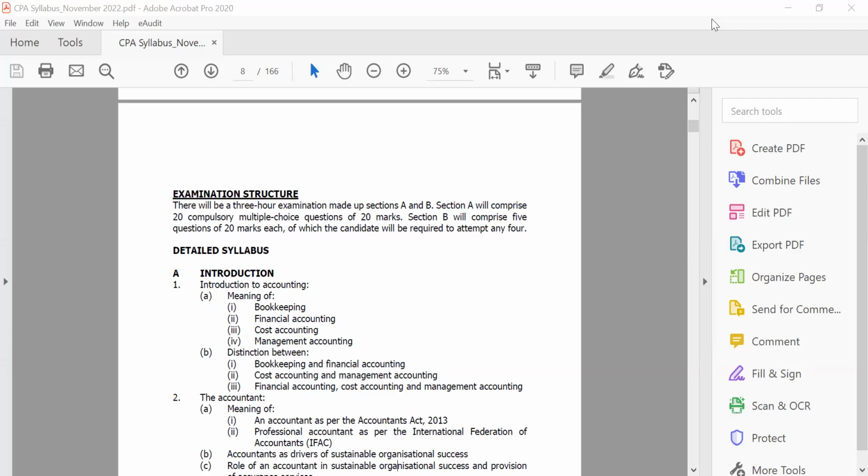And of course, you also need to understand that these financial statements are prepared for different reasons, okay? The statement of financial position is prepared to help us understand the liabilities, the assets, and the equity of an entity at that period.